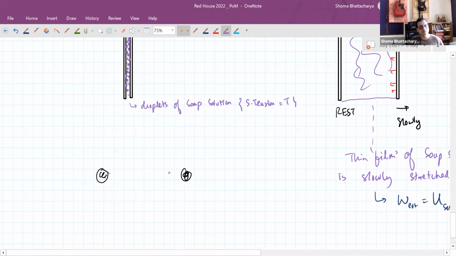It's slightly bent like this at the middle. So it's like you have a body of liquid bounded by two surfaces. The surface tensional force which is acting will be acting tangentially like this.